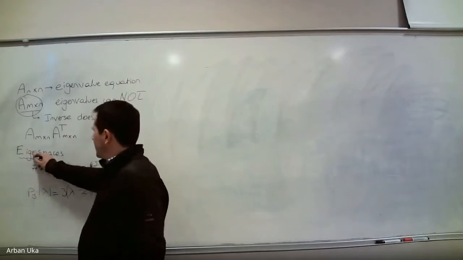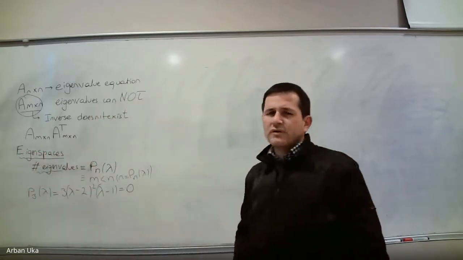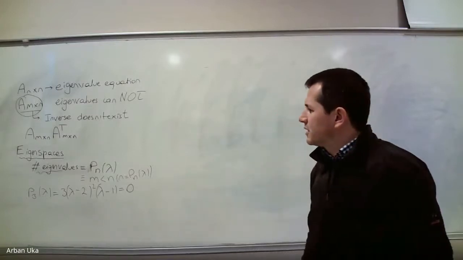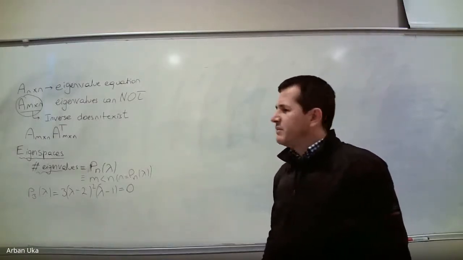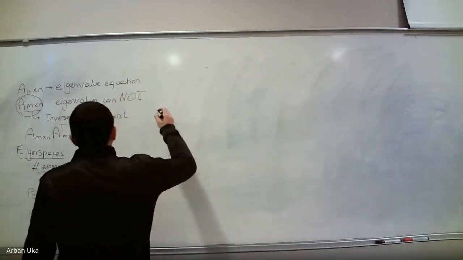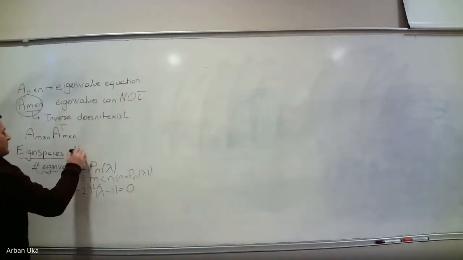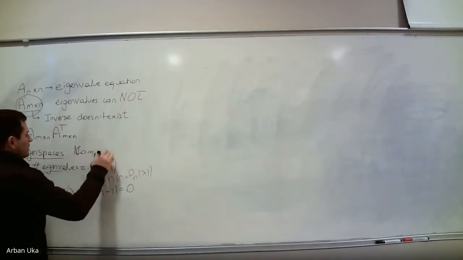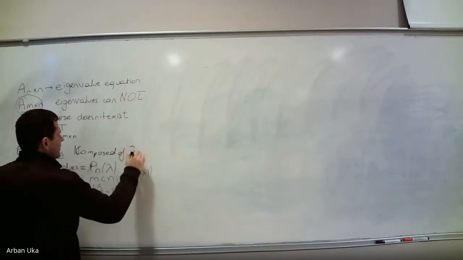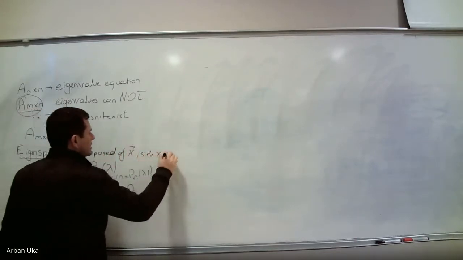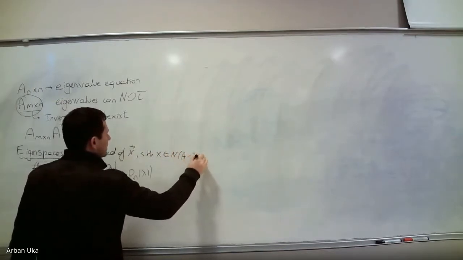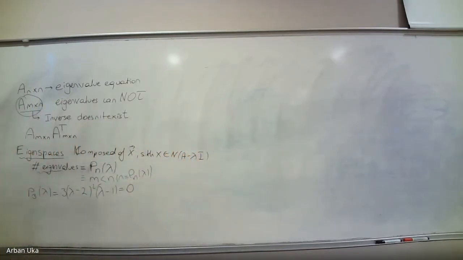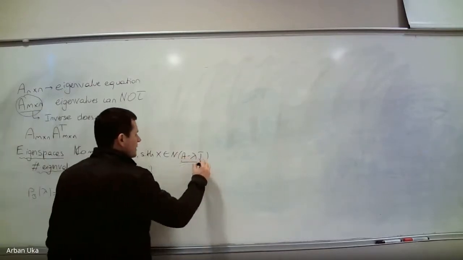An eigenspace is a set composed of the solutions x which correspond to the null space of A minus lambda I. So an eigenspace is composed of x such that x is in the null space of A minus lambda I. What is important to notice here is that for each lambda, we have an eigenspace, because this matrix is going to be different.